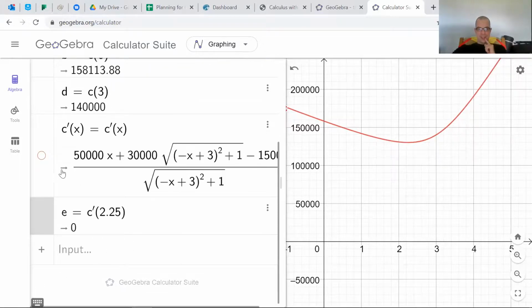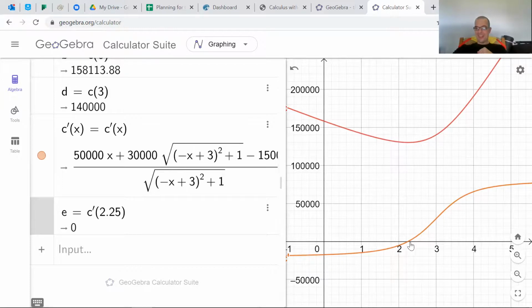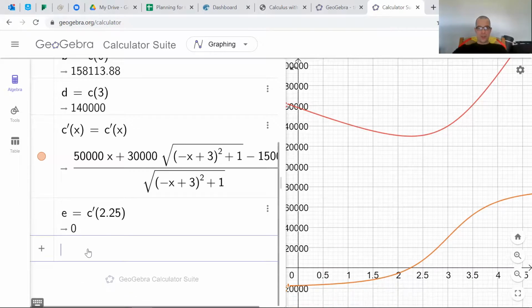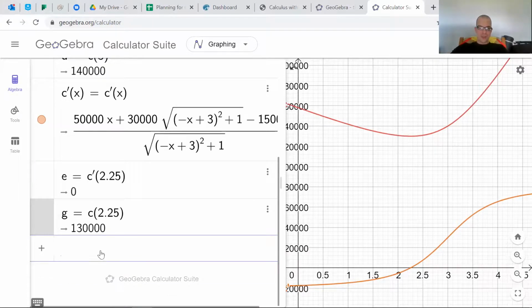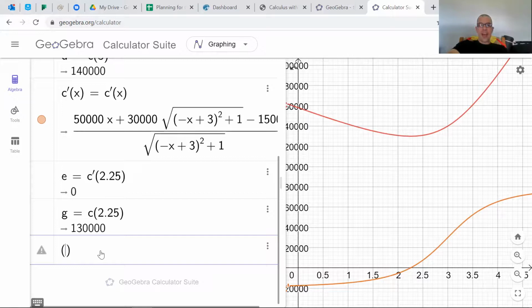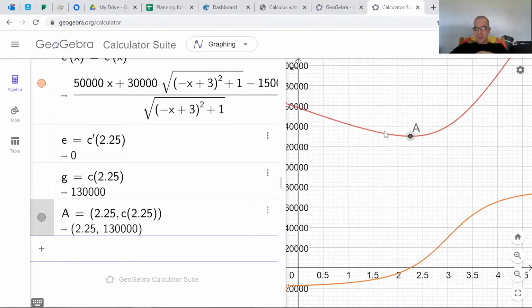There's the derivative, and when you put 2.25 in the derivative, you do indeed get 0. So when we put 2.25 into the original function, c, we get 130,000. So that minimum point would be at 2.25, comma, c of 2.25. It would be this minimum value here.